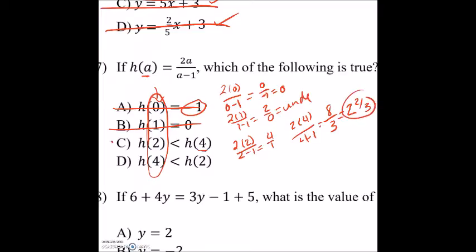Since we're using the same thing for these, the question is, and this means less than, which one's smaller, the 4 or the 2 and 2/3? Because it is the 2 and 2/3, the number I plugged in here was 4, so it has to be D, the correct answer, where h of 4 is less than h of 2.